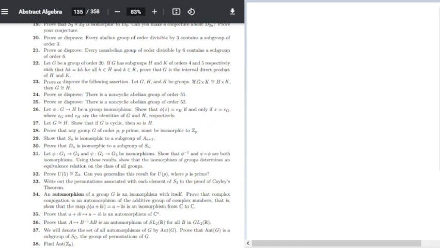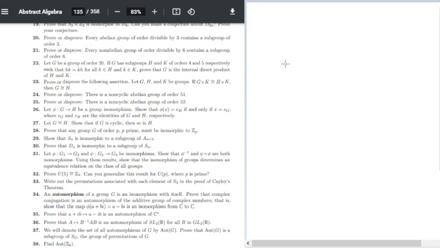So let's think. It seems right, but because it's an external group, I'm wary to think of it.